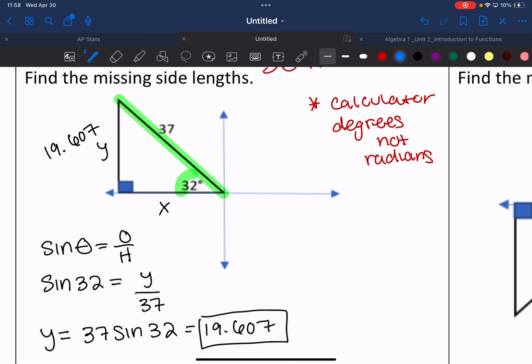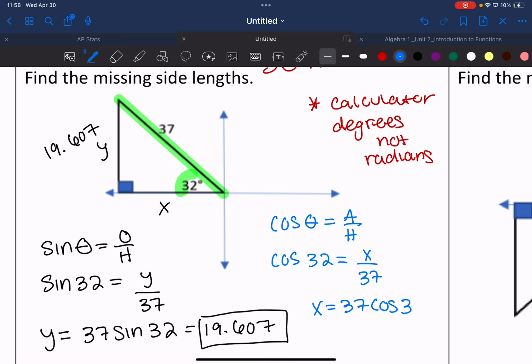Okay, so I'm going to write cosine of theta is equal to adjacent over hypotenuse. So that's cosine of 32 is equal to x divided by 37. I want x by itself, so I'm going to multiply both sides by 37. So I get x is equal to 37 cosine 32.